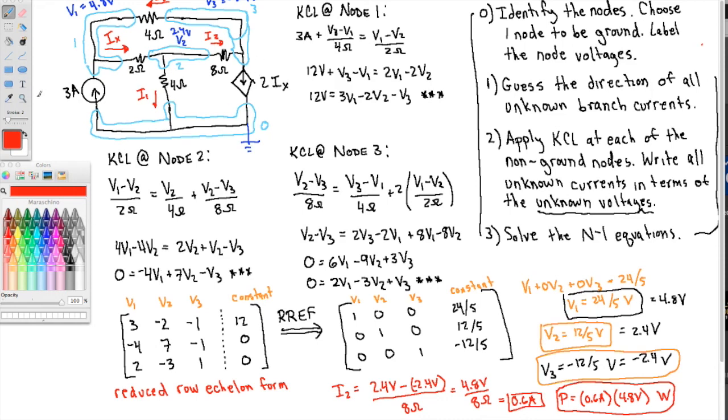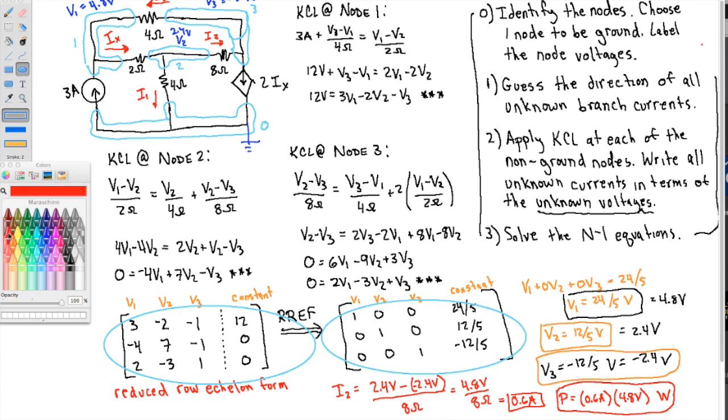Now, don't get yourself in a tizzy over reduced row echelon form, going from this thing to this thing. That was the way that I preferred. Your book uses Cramer's rule, which I'm not a big fan of, but you can use that as well. Whichever method you need to use to solve the equations is fine with me.